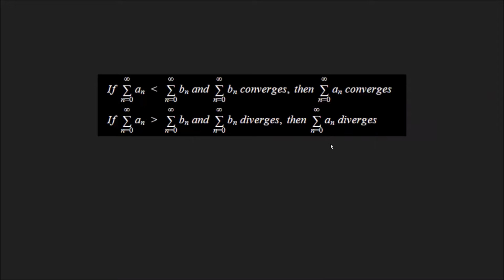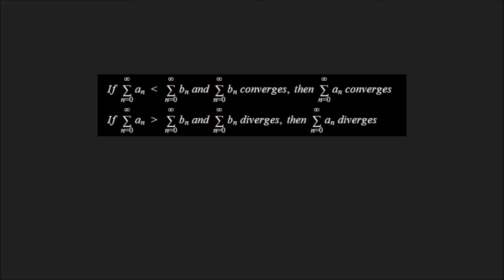It may look a bit complicated, but all this is saying is that b sub n, which is an alteration of a sub n, meaning b sub n can either be greater or less than a sub n. If the series of b sub n converges and b sub n is greater than a sub n, then the series of a sub n will converge as well.